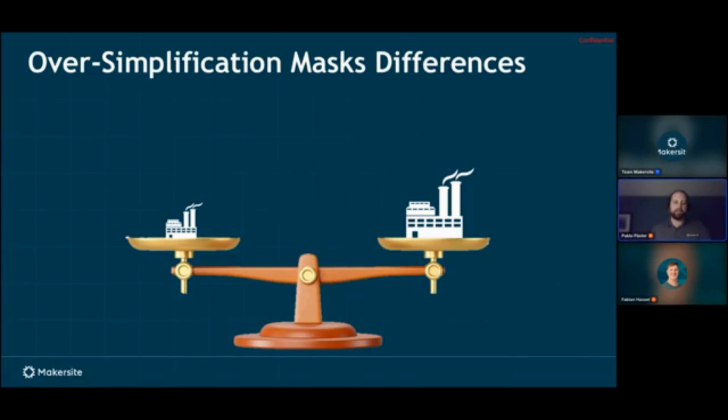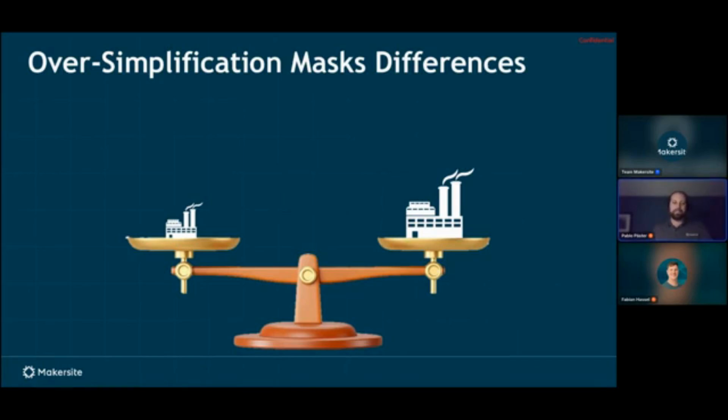We know that different suppliers have different energy sources just based on where they are located or which purchasing decisions they choose to make for their energy. They might also have different levels of production efficiency, and this can lead to vastly different emissions for the same component, but spend-based treats them as identical.